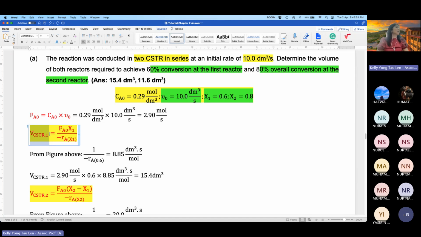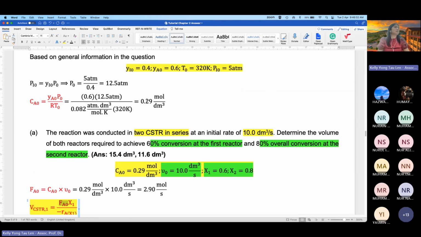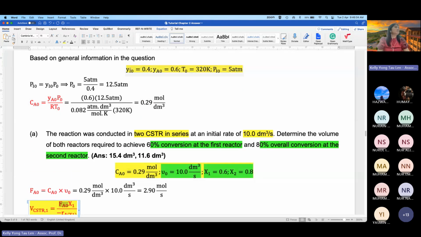So on the right hand side, the first variable is FA0. If you realize, in the question we were not given FA0. The only information given to us was this information; I highlight it so you don't get confused.